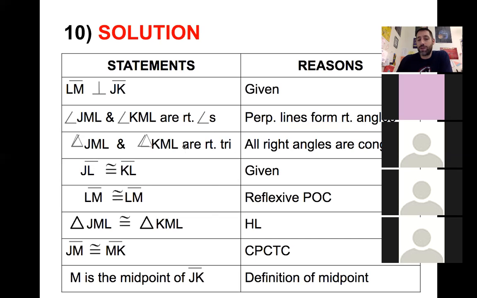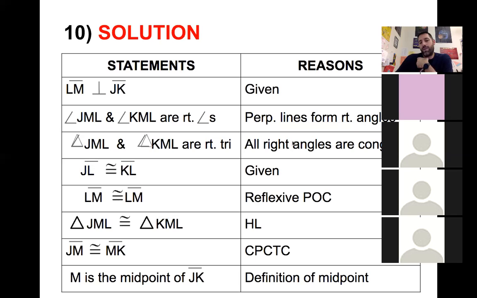Once we know they're both right triangles, we need a couple other facts. We need to talk about the hypotenuse being congruent, which is the second given fact. Segment JL is congruent to segment KL, given. And we need a leg congruent between the two, and that's the shared side. Side LM is congruent to side LM based on the reflexive property.